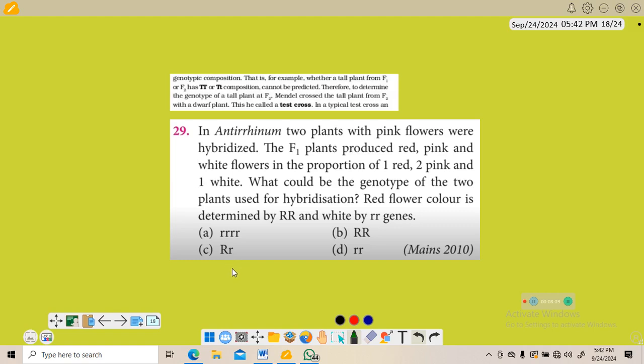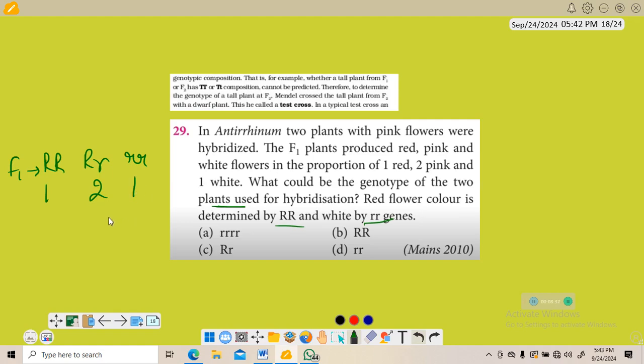In Antirrhinum, 2 plants with pink flowers were hybridized. The F1 plants produced red, pink and white in the proportion of 1:2:1. What could be the genotype of the 2 plants used for hybridization? Red flower is determined by RR, white by rr. So they are saying F1 produced red, pink, white.